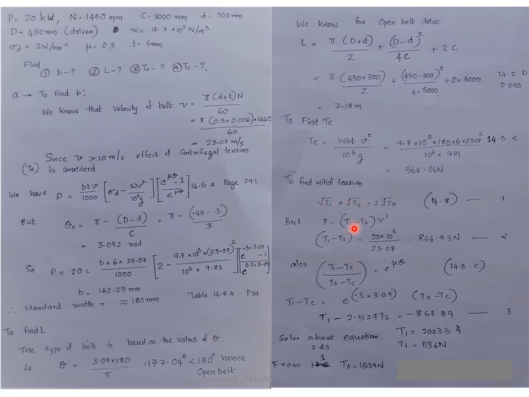These can be found by solving two equations: the fundamental equation and equation 14.3c, both connecting T1 and T2. You will get T1 as 2003.5 Newton and T2 as 1136 Newton, and substituting these two values here, you will get T0. These are the steps for the first question.